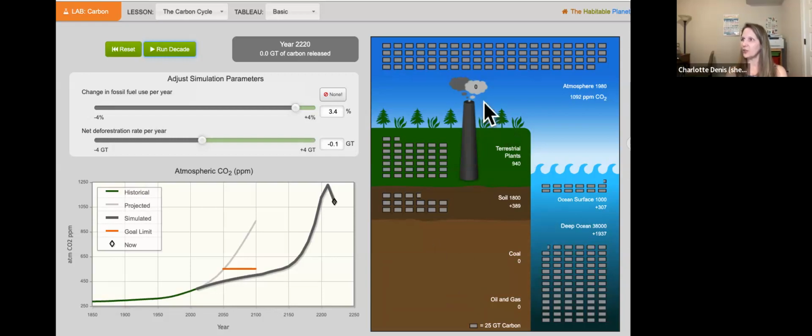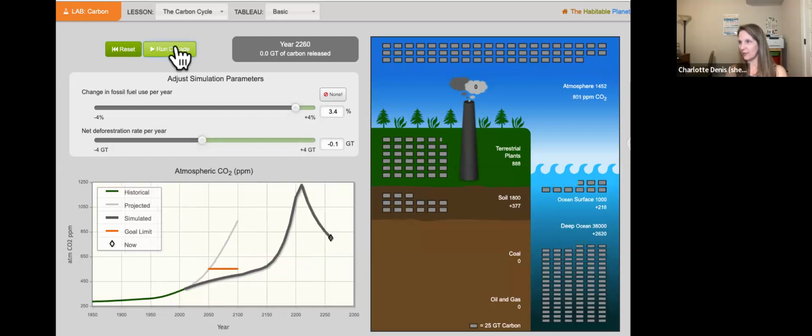So this is also an exercise where they get to identify where the sources and sinks of carbon are in Earth's systems. At some point, all the oil and gas and coal, the fossil fuels, are gone. Only at that point do we see this change point, and atmospheric CO2 then starts to drop.